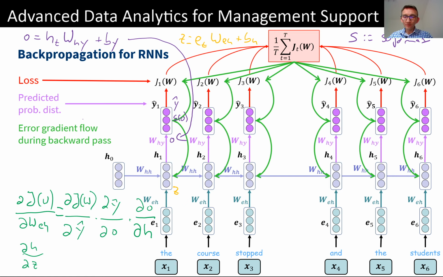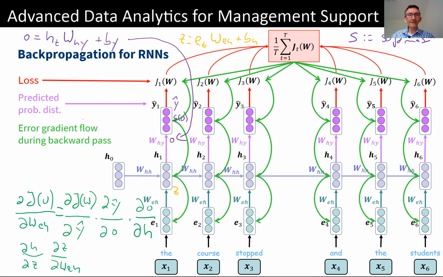Okay, so we would have the derivative of h with regard to z, and then finally we could calculate the derivative of z with regard to W_eh to update these weights. That's all pretty straightforward. Many derivatives, but it's just the chain rule, and as long as we are carefully keeping track of the computations, all is well.